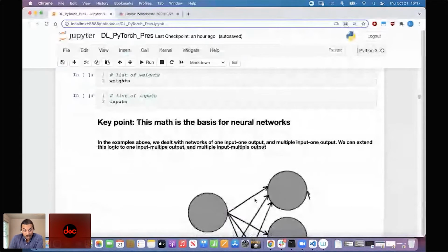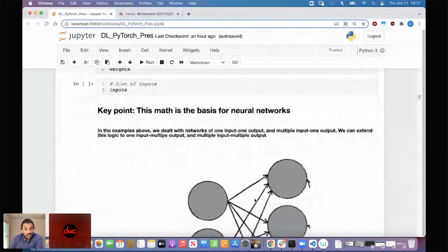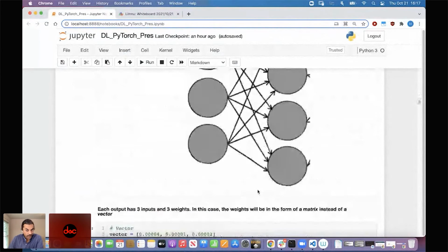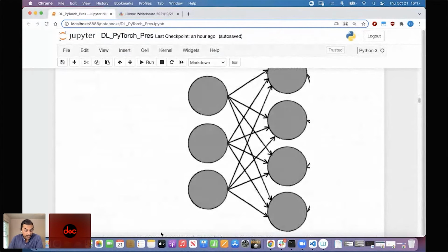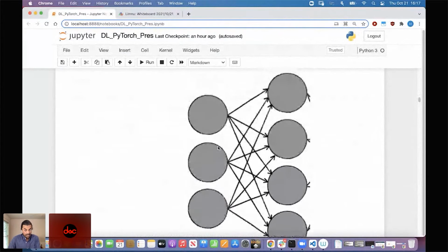So up till this point, we dealt with networks that are 1 input and 1 output, right? But you can extrapolate that example for all neural networks. So I'm sure you guys have seen a diagram like this, where you have a bunch of inputs to the left and a bunch of outputs to the right. And you see all these arrows, right?